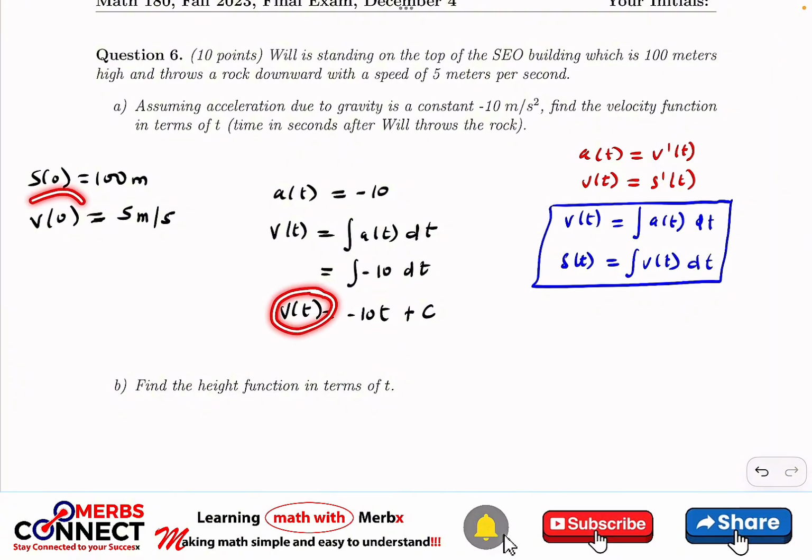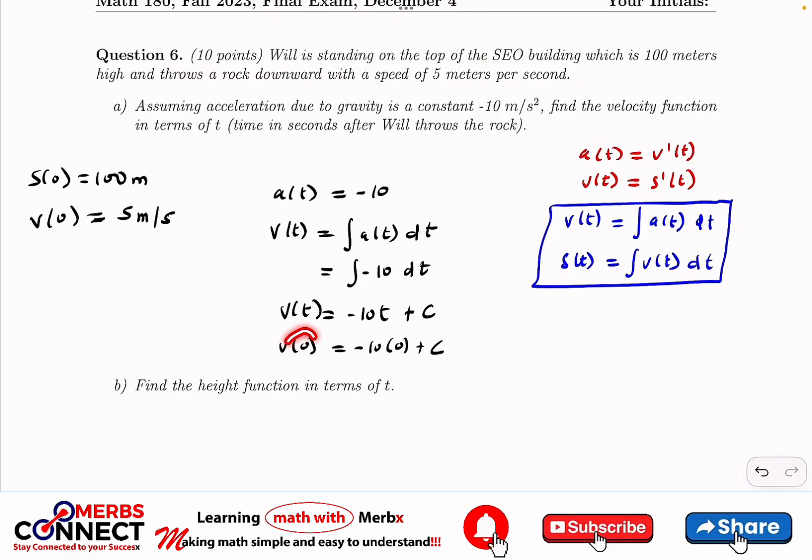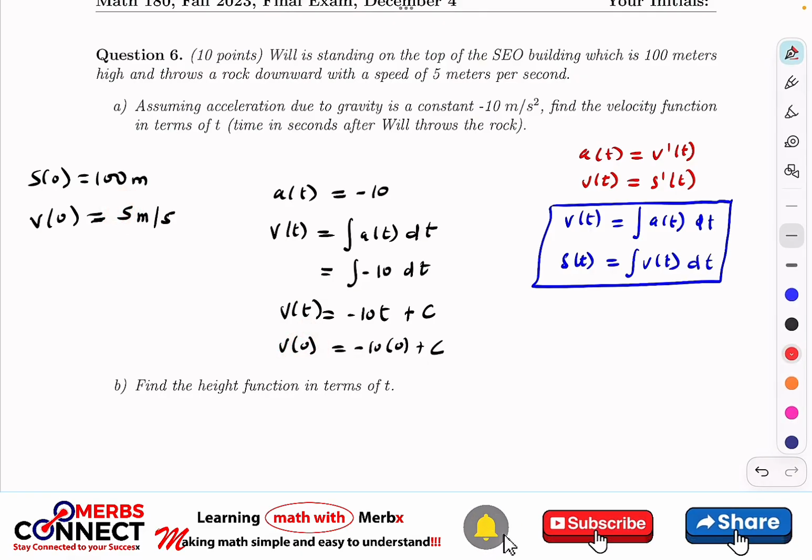When you compare this and this, you see that t is equal to 0. So now v of 0 will be equal to minus 10 times 0 plus c. v of 0 is equal to 5. So we are going to have 5 is equal to 0 plus c, and c will be equal to, oops, this one should be 5. c will be equal to 5.